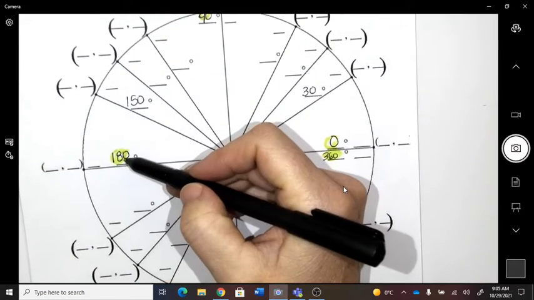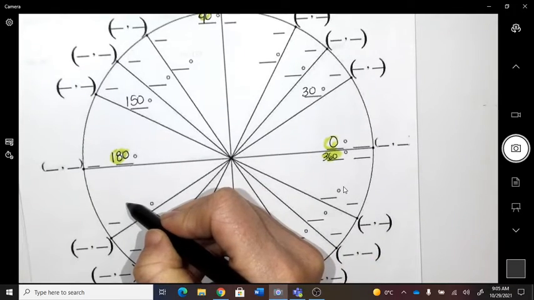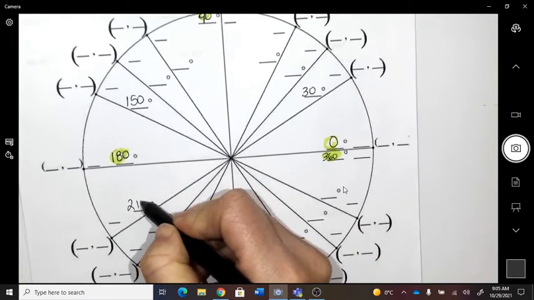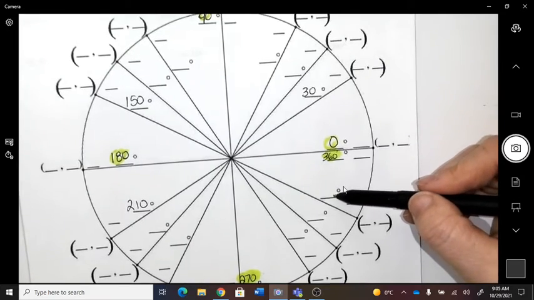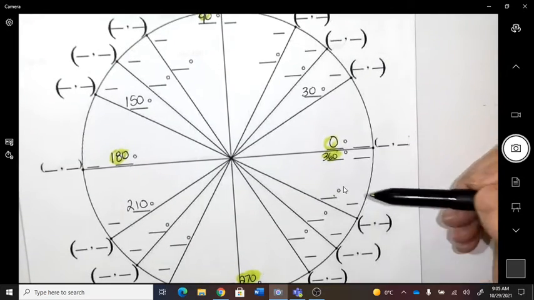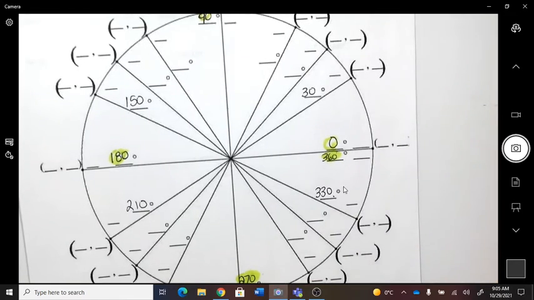If you go 30 degrees bigger than 180, got your numbers, 210. And if you go 30 degrees behind 360, that is 330. So that's me doing a 30-degree reference.